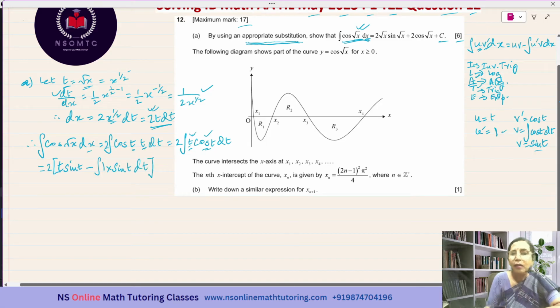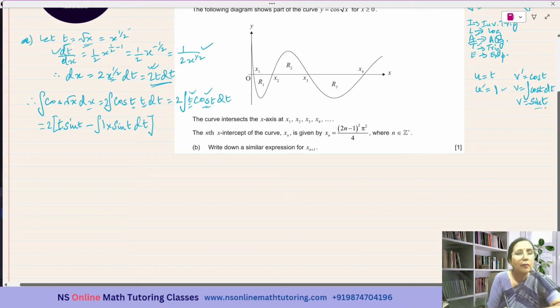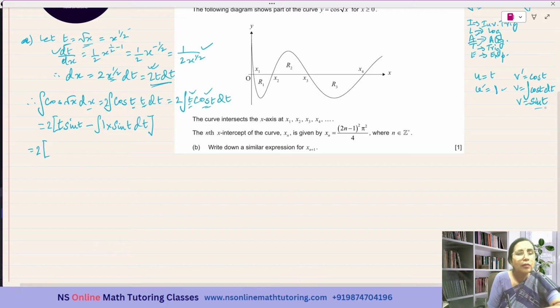Okay. So this is equal to 2 times T sin T, and 1 times sin T is sin T. An integral of sin T with respect to T is negative cos T. And there is this negative sign in front, so it is negative of negative cos T.